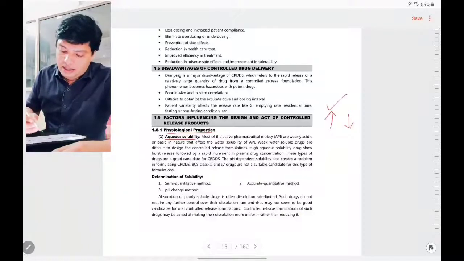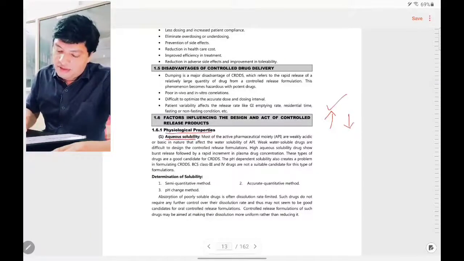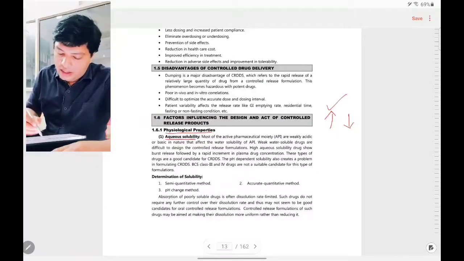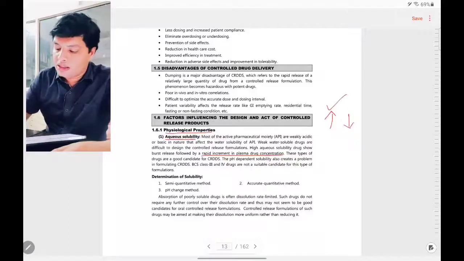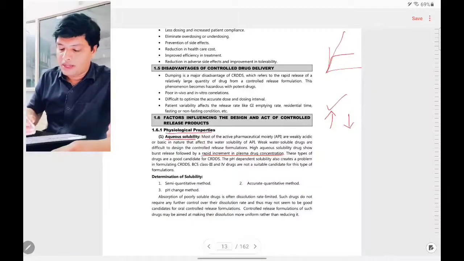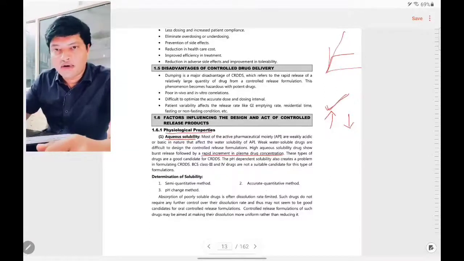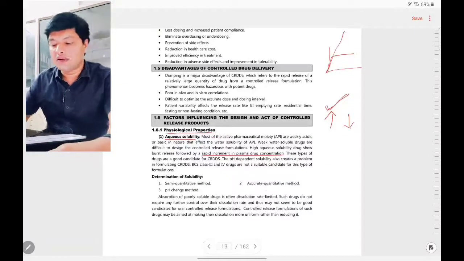See here, if the drug is having high solubility, there will be a rapid increment in plasma drug concentration, which I don't want. What I want is the plasma drug concentration should increase gradually. I don't want it rapidly increasing. So a highly soluble drug is a poor candidate for designing controlled drug delivery.